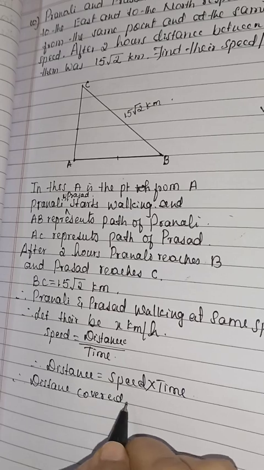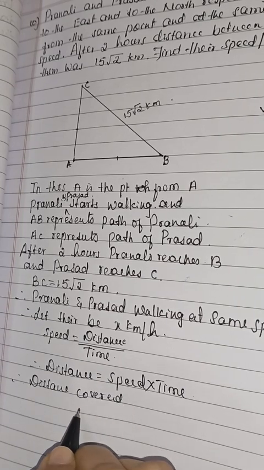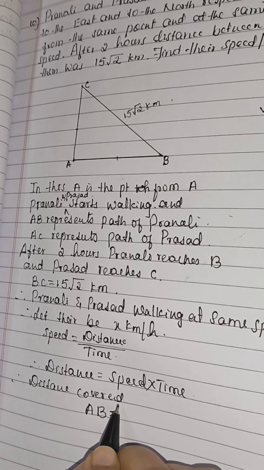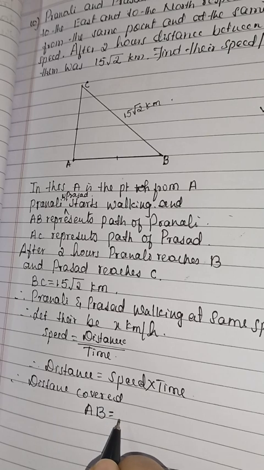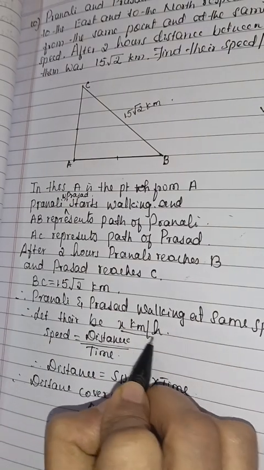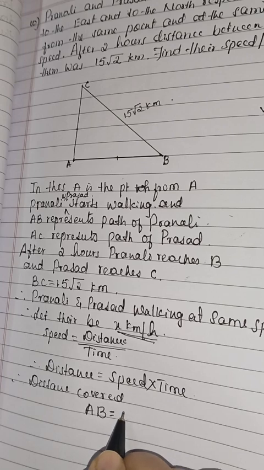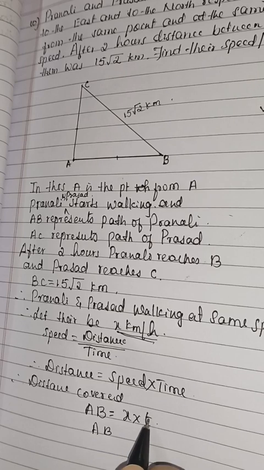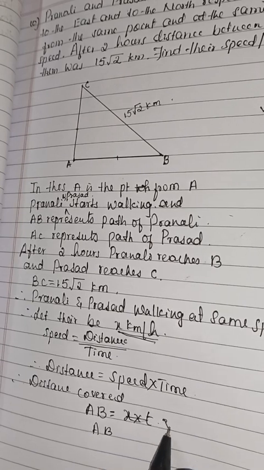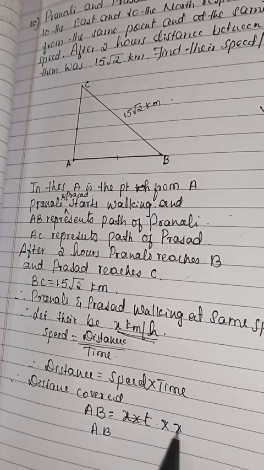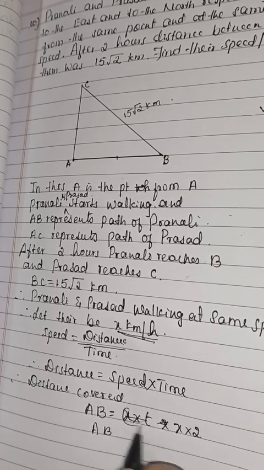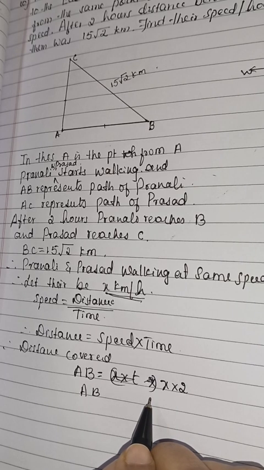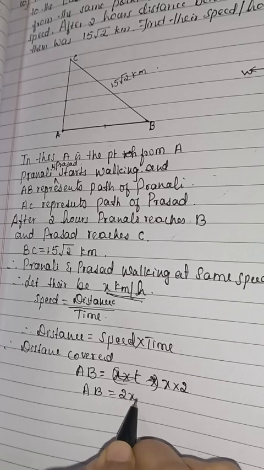Therefore distance covered by AB is speed x into time, and time is 2 hours, x into 2. Therefore AB is 2x kilometer.